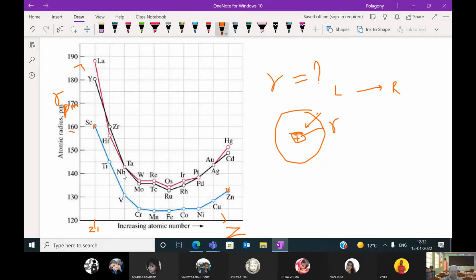That means, from the 3D series, which element will have more density? Can anybody tell?